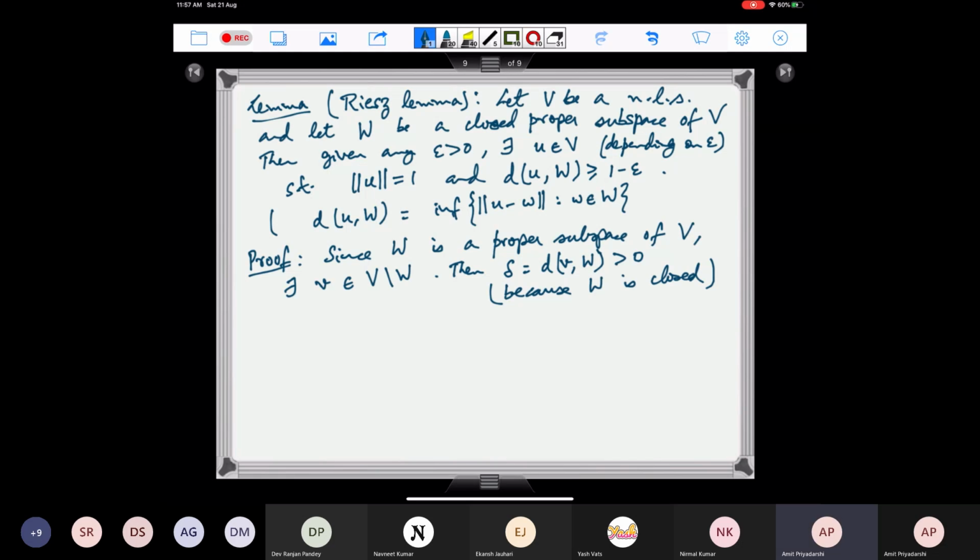So now, of course, we can assume that this epsilon is less than 1, because if epsilon is greater than or equal to 1, then we have nothing to prove.